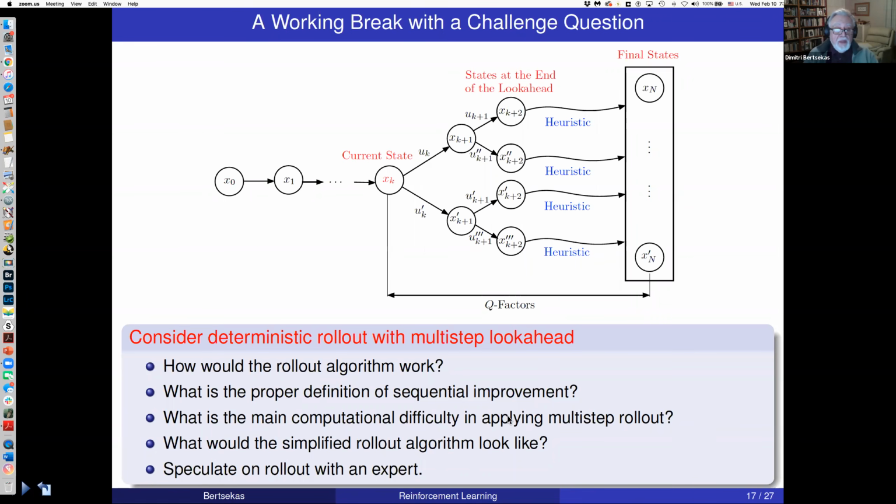So, how does this rollout algorithm work? How can you describe it? Anyone? I can give it a try. Yeah, give it a try. Okay. Similar to the one-step rollout, you would look at all the Q states, run the heuristics and pick whatever the minimum one is.